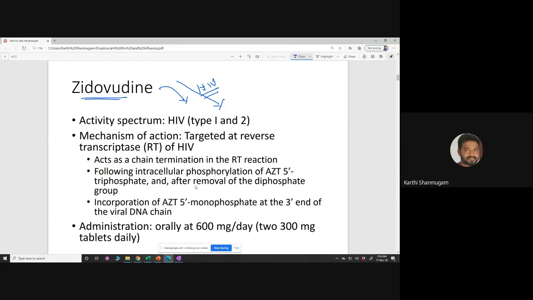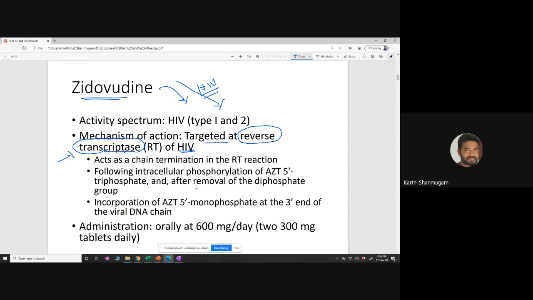The molecular mechanism, as I said, is that it targets the reverse transcriptase enzyme of the human immunodeficiency virus. That is considered one of the very potential drug targets, because if you prevent the conversion of RNA into DNA, we can stop the complete replicative cycle of the virus. So this target is considered very important, and this molecule perfectly inhibits the reverse transcriptase enzyme.